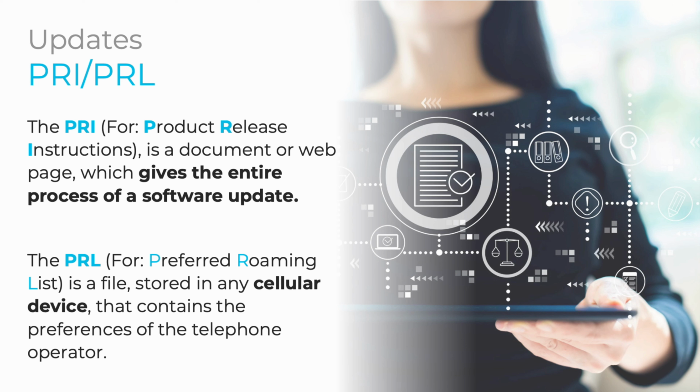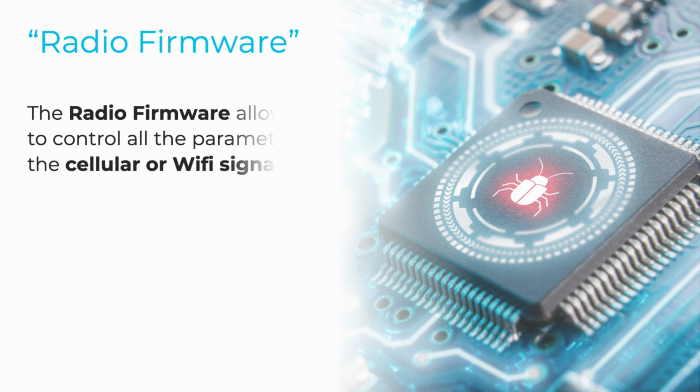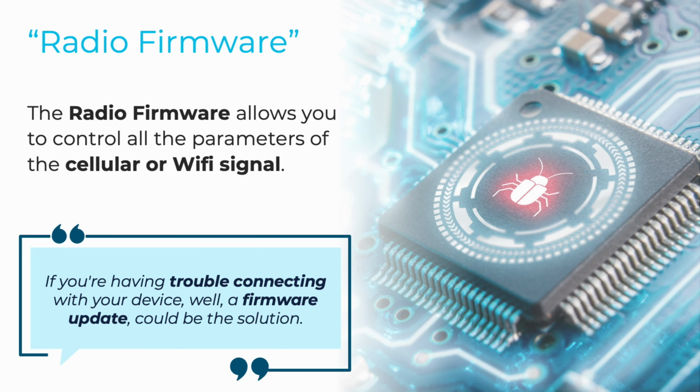And the PRL, for Preferred Roaming List, is a file stored in any cellular device that contains the preferences of the telephone operator. For example, the connection frequencies, radio firmware. Now let's talk about the radio firmware, which allows you to control all the parameters of the cellular or Wi-Fi signal.